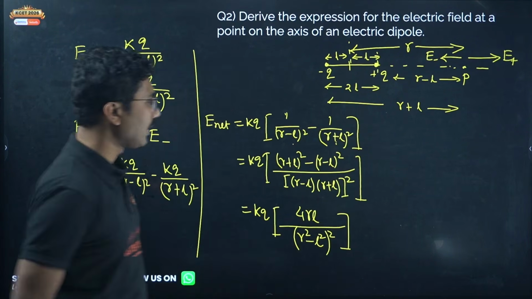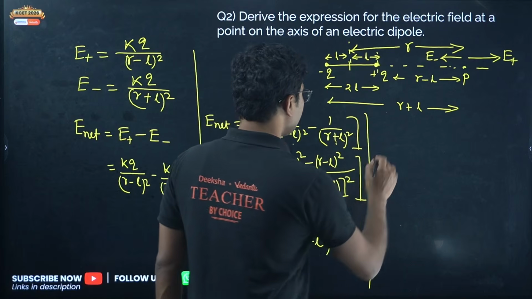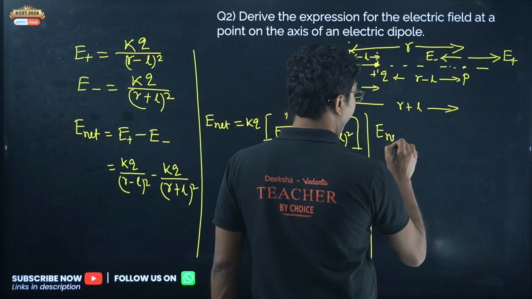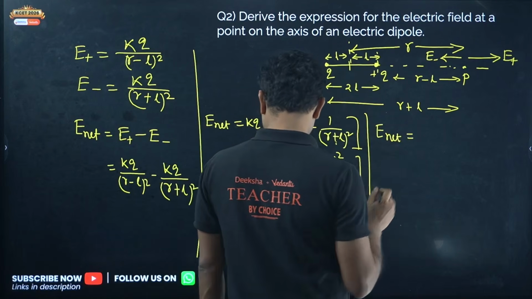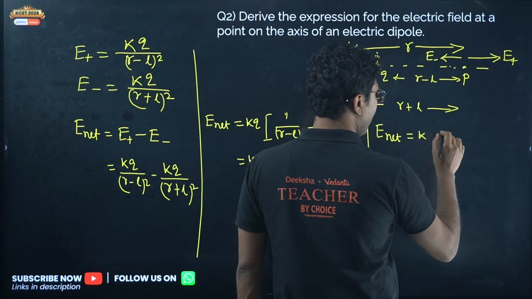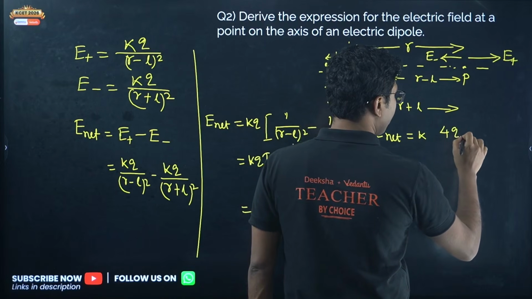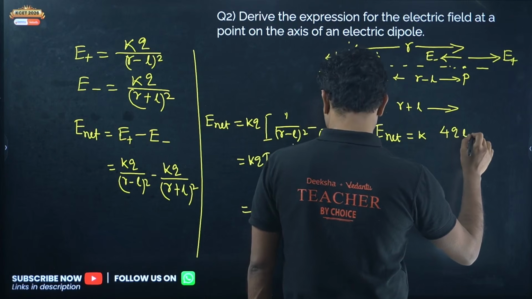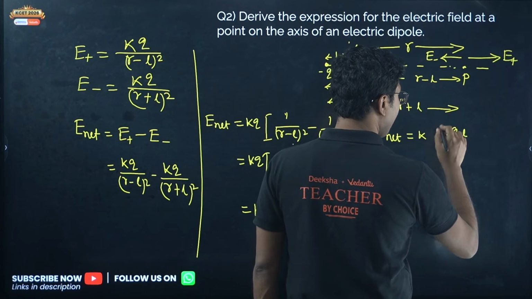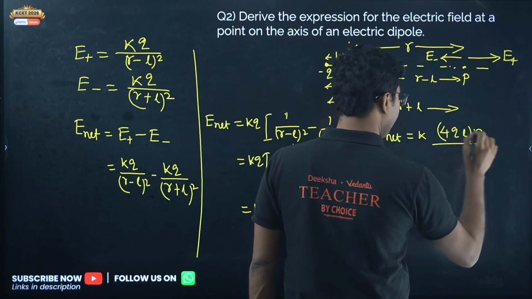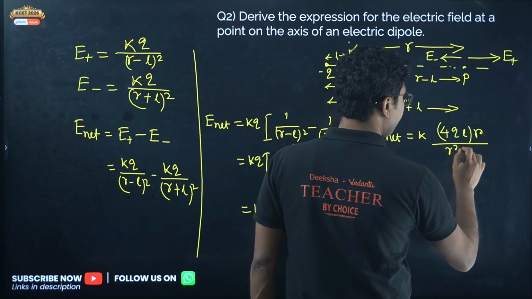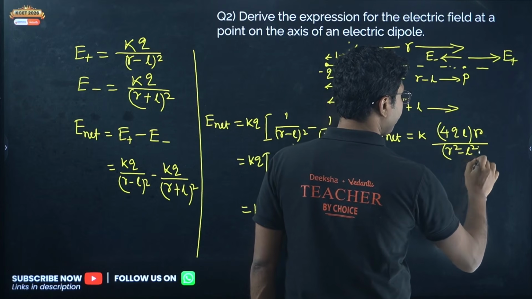Now let us simplify this. So E net equals K into 4 Q into L into R divided by (R square minus L square) whole square.